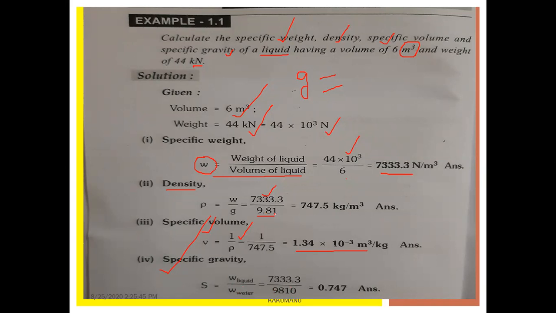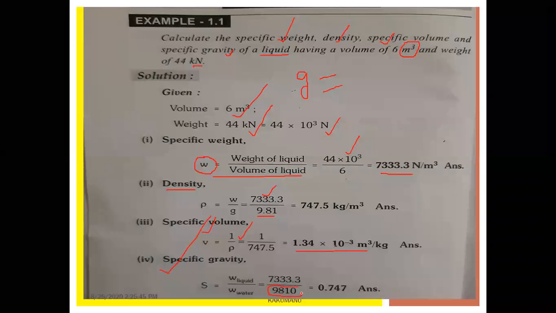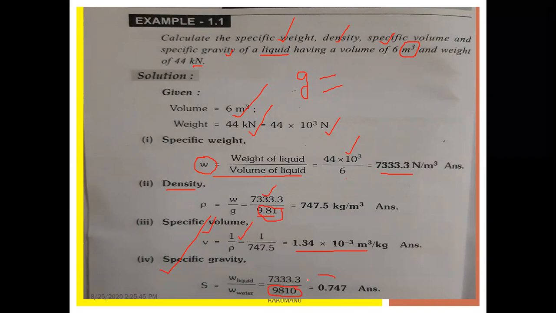Here you might not know this value, but we have to take these values based upon what is given in the question. So the weight of the water is 9810. Therefore, what is the final answer here? The specific gravity is 0.747.